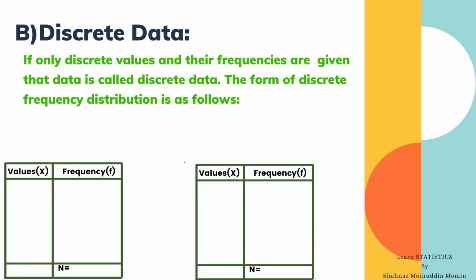Now let us see the second nature of the data, discrete data. If only discrete or distinct values and their frequencies are given, that data is called discrete data. The form of the discrete data is as follows.